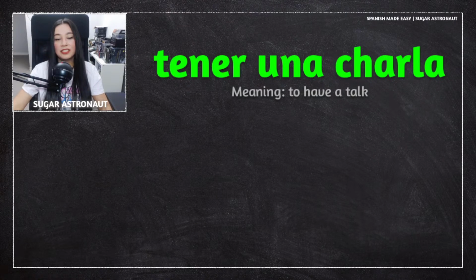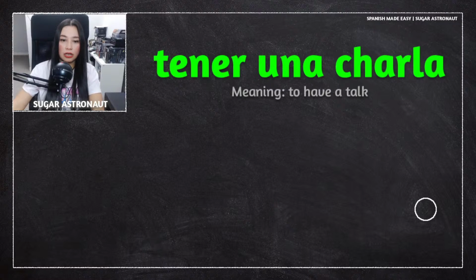to have a talk. To have a talk. That's interesting. Tener means to have. Una, a, charla, talk. Charla is a noun and it means talk. Okay?